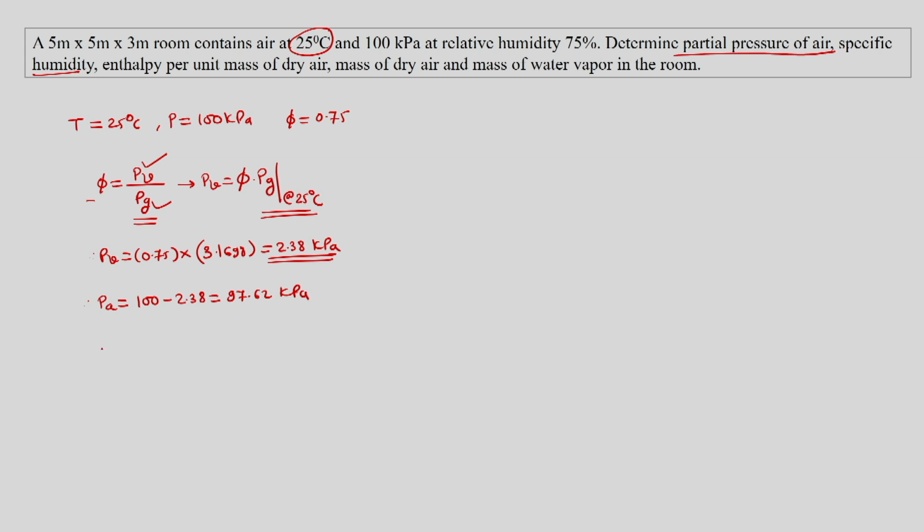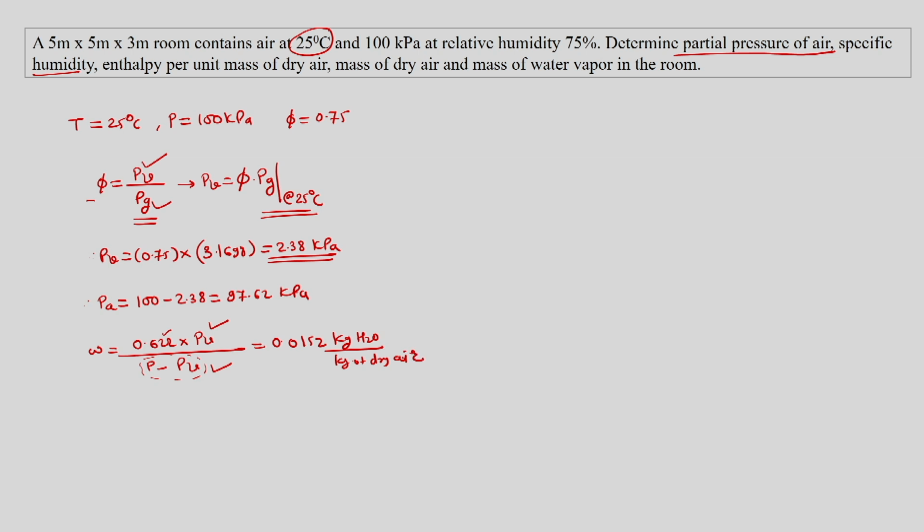Now, we can find out specific humidity omega is equal to 0.622 into PV divided by P minus PV, which is basically PA. So, PV is known, PA is known, 0.622 is known, and then we get 0.0152 kg of vapor, which is H2O, per kg of dry air.